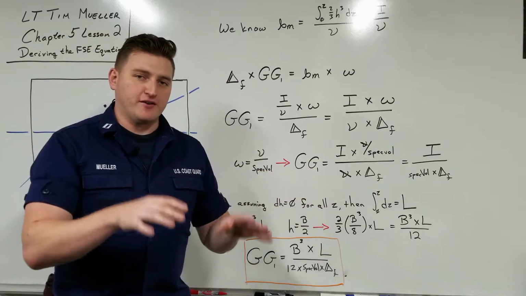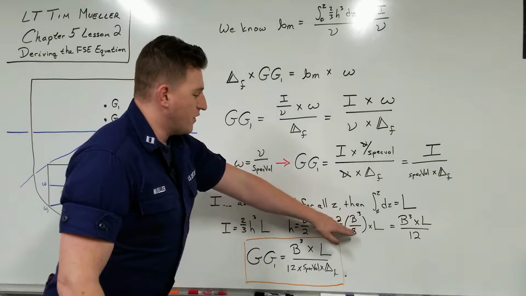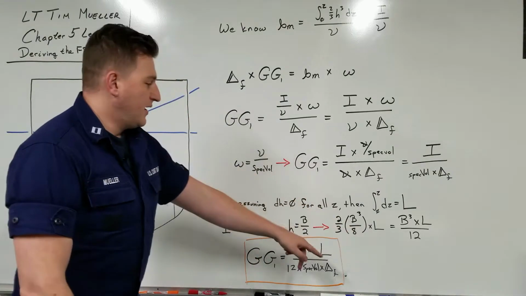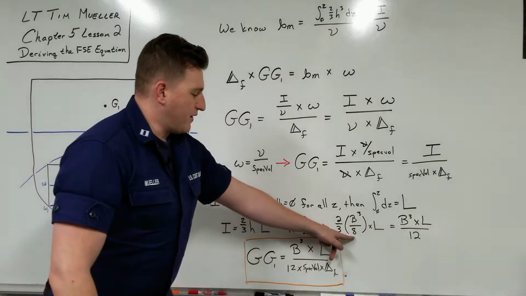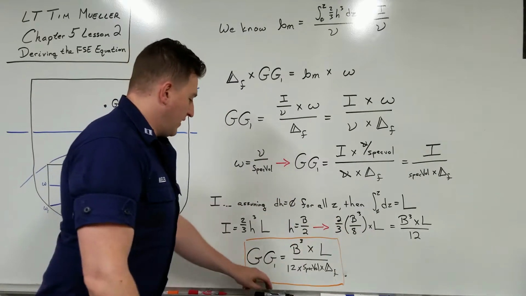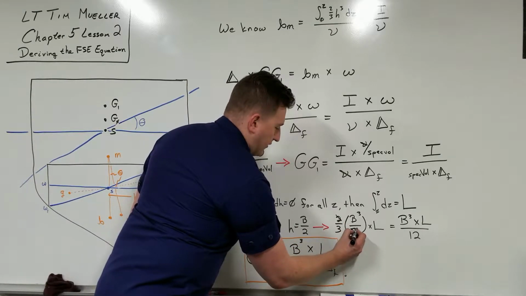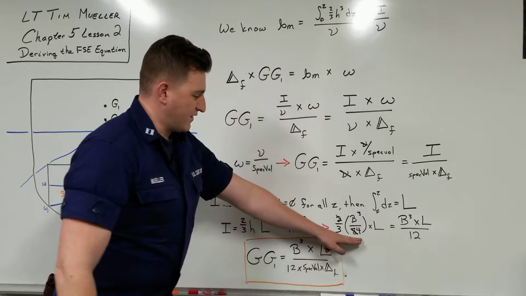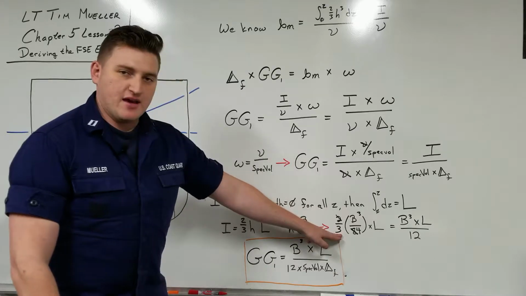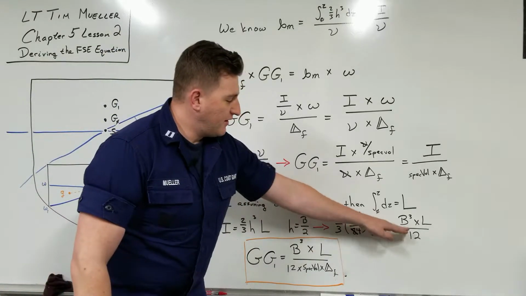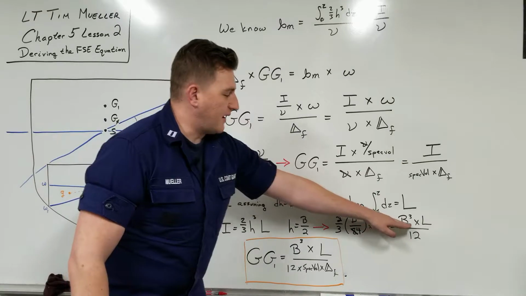If h is b over 2, then we have b cubed over 8, 8 being 2 cubed, times L. Now if we have 8 equals 2 times 4, then that 2 on the top is going to cancel with that 2, making this a 4. Take that 4 times the 3, that's going to give us 12. Right there. We have b cubed times L.